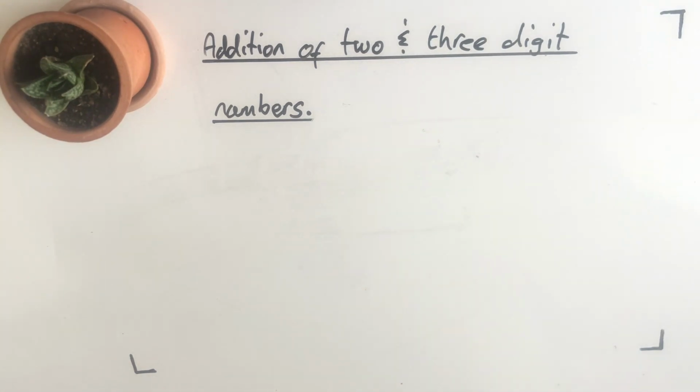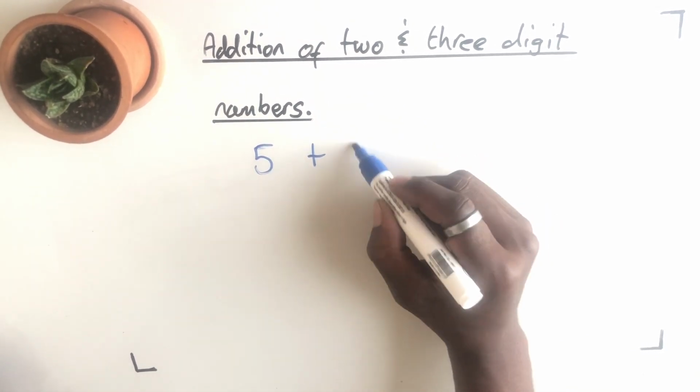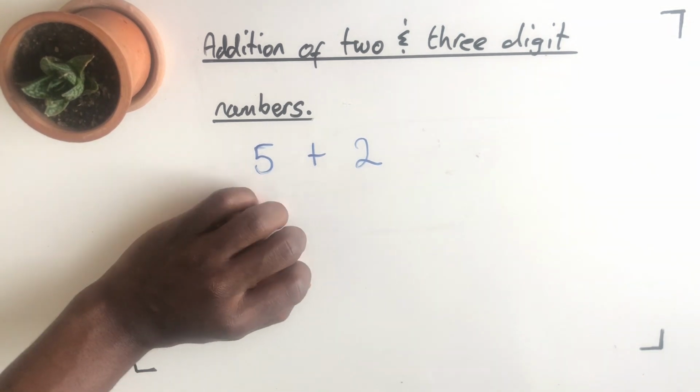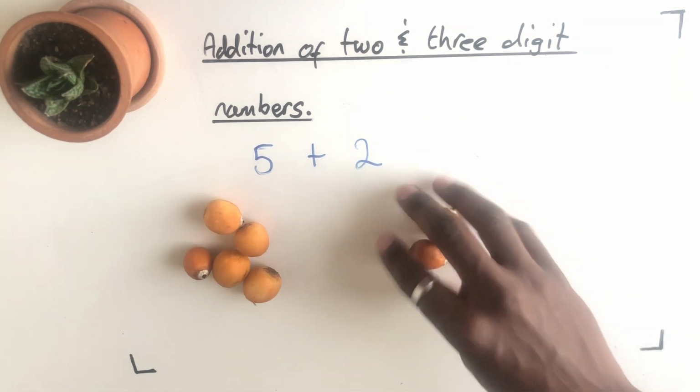Okay, so let's look at another one. Simple one would be 5 plus 2. Okay, again, I'm going to use those little fruits of mine. Right, so I have 5 here plus 2.